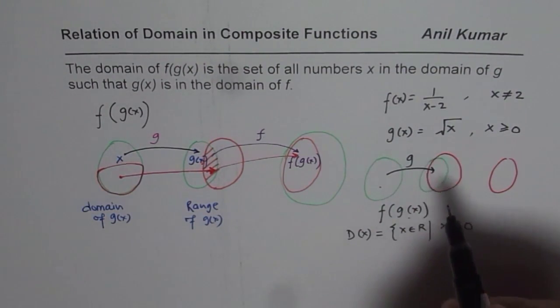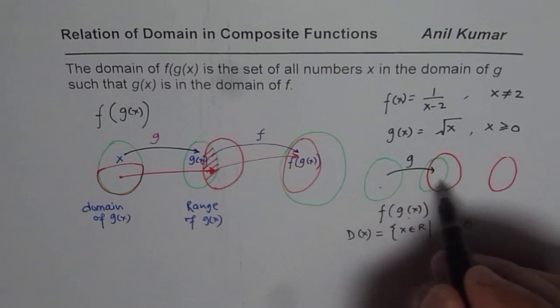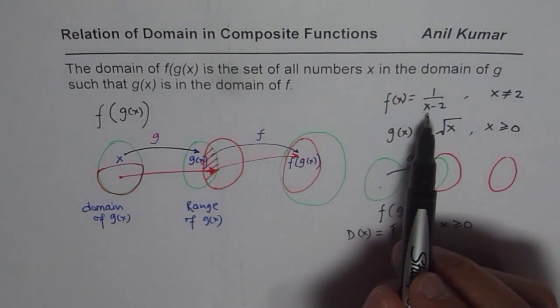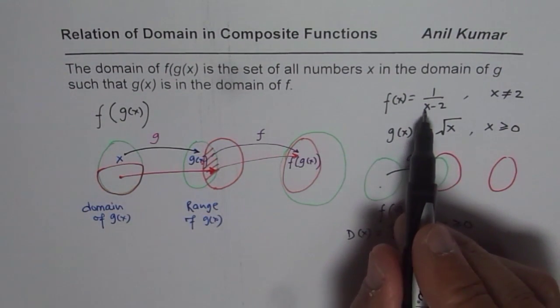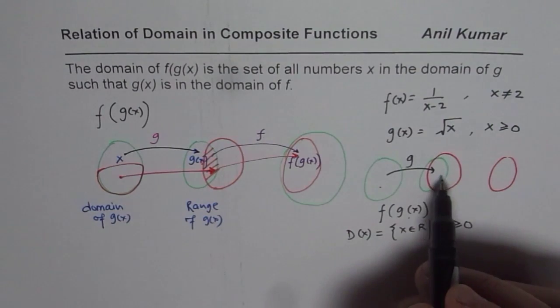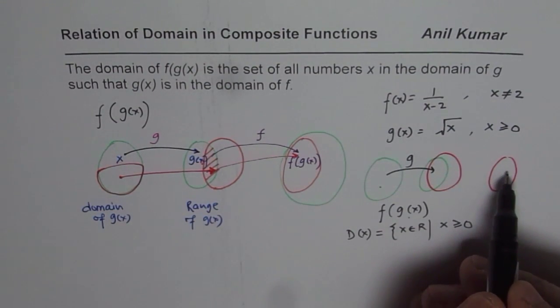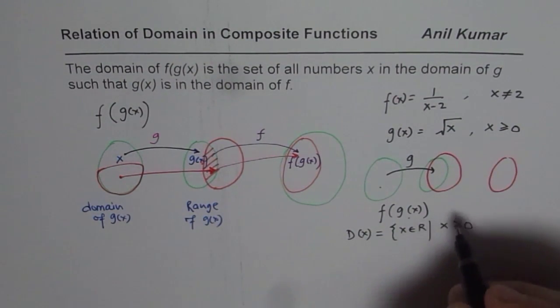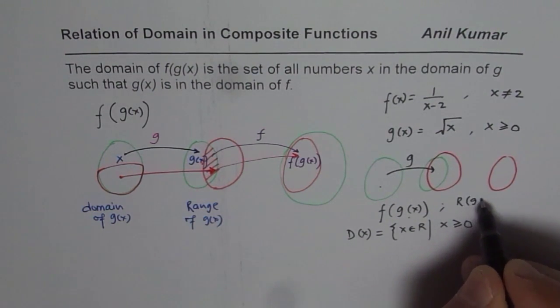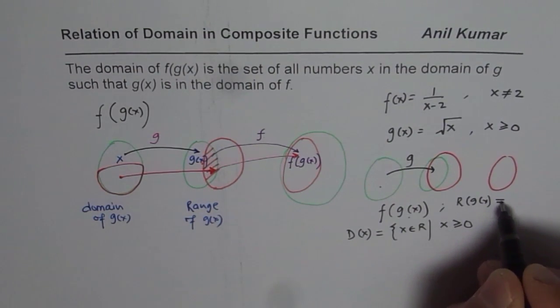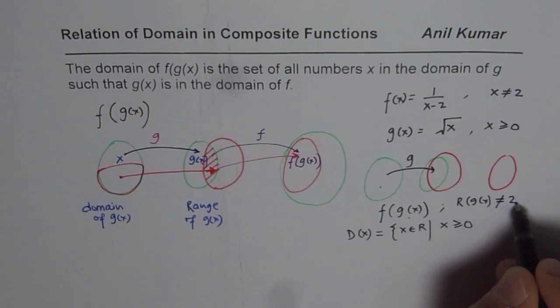Now all the outputs of g of x may not work, since f of x has a restriction. The output of g of x which will give you 2 as a result cannot be considered as an input to f of x. Correct? So we have a restriction here that the range of g of x should not be equal to positive 2.